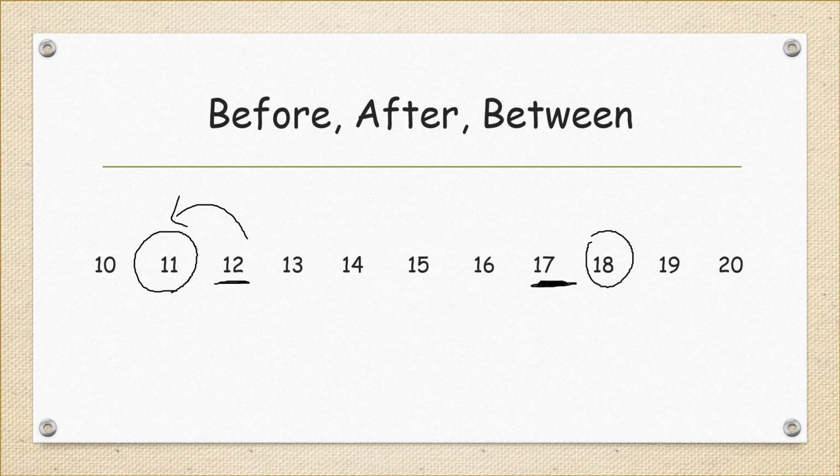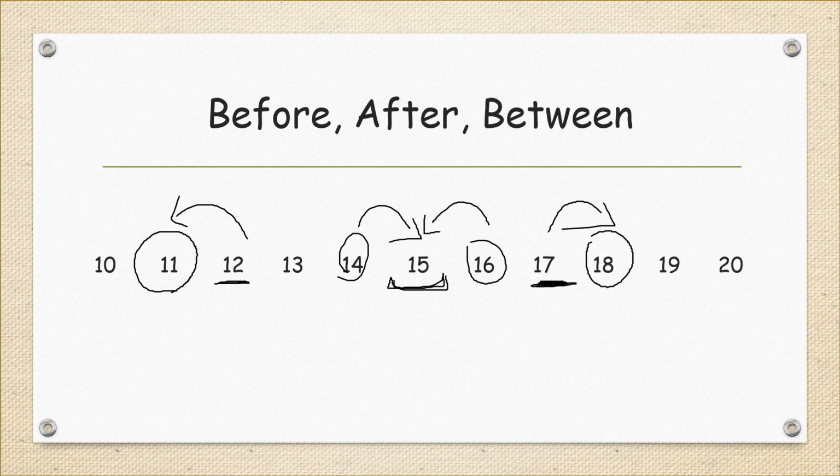It means that 17 is before 18. And if I ask what comes between 14 and 16, then we see the number that comes in the middle of both numbers: one digit less than 16 and one digit more than 14. So this is how we see before, after and between numbers.